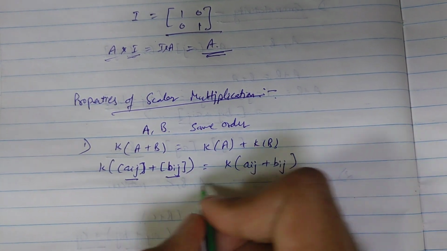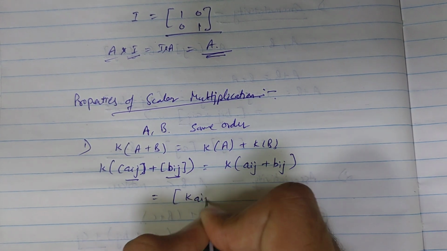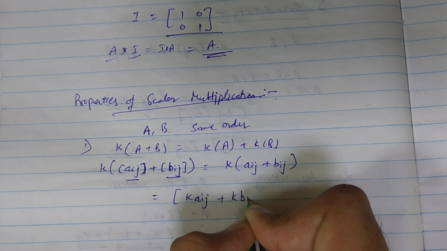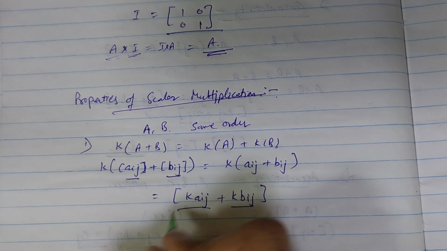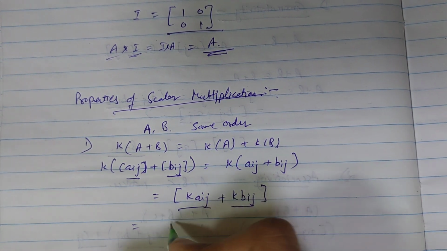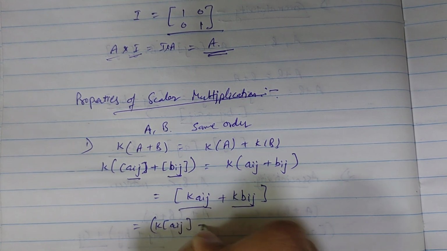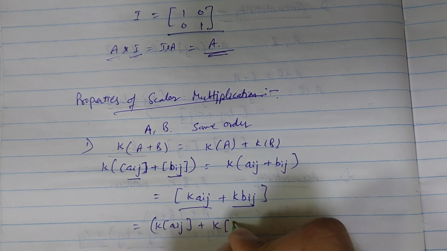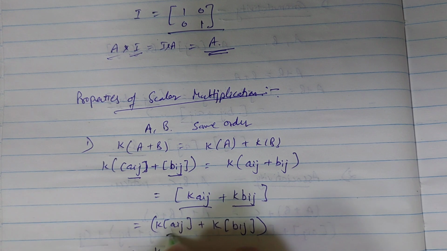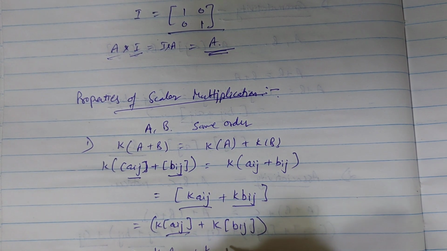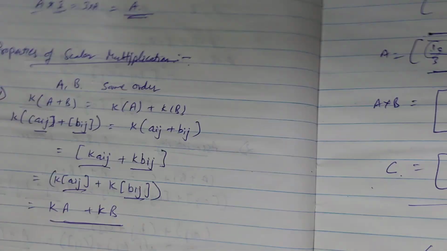Okay, now we can write it also like Kaij plus Kbij, because these are all real numbers, so we can write it like this. And we can also write it like Kaij plus Kbij. So this will be K, this is A plus K, and this is B. We have got this.